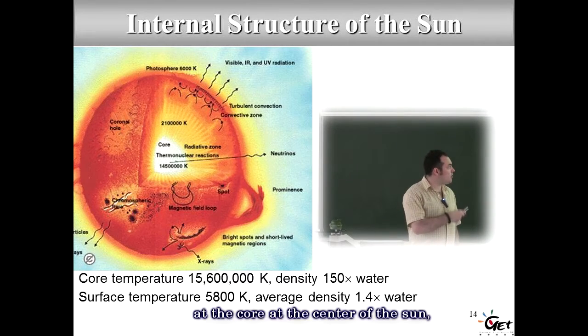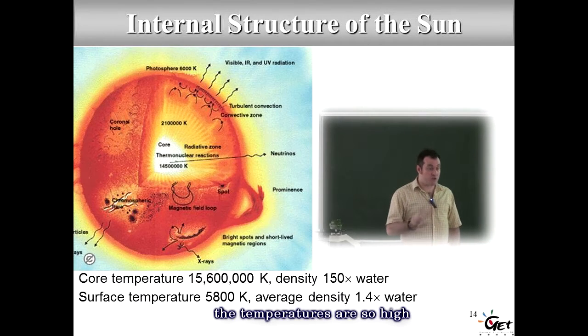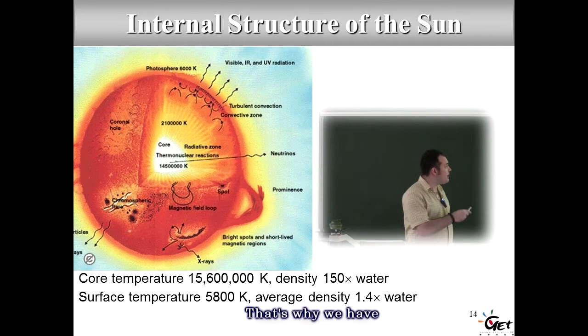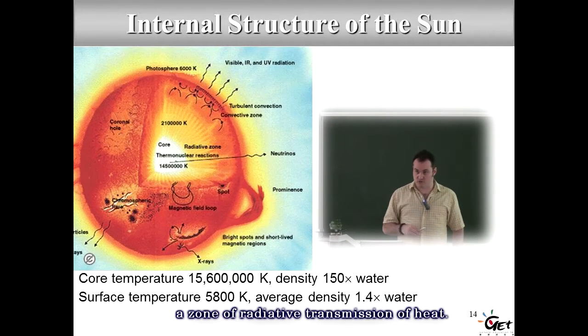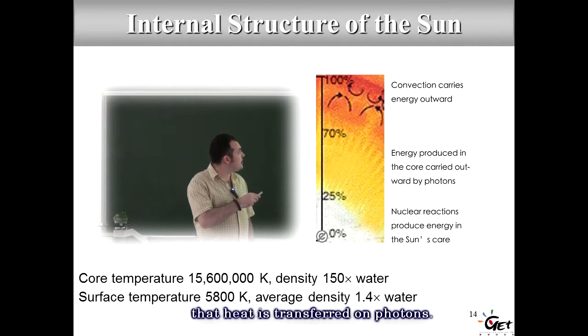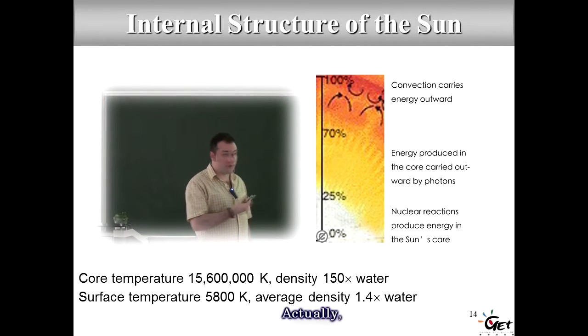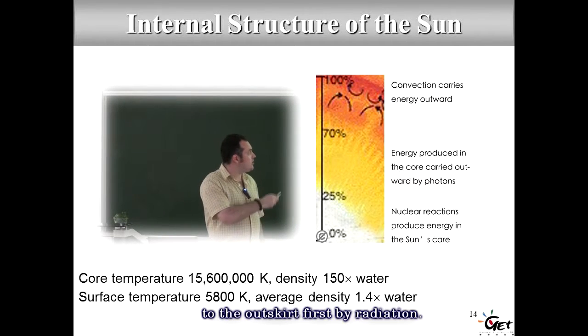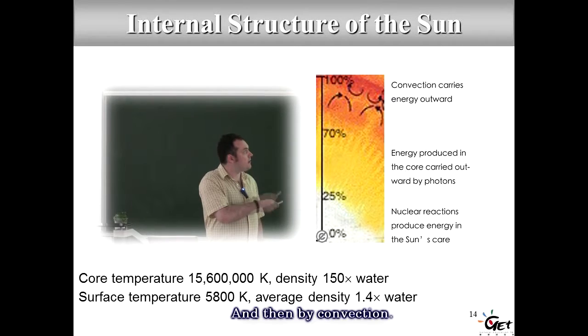But here, at the center of the sun, the temperature is so high that convection is very inefficient. That's why we have a zone of radiative transmission of the heat. So it starts with radiation, where the heat is transferred by photons. Actually, the light is transferred from the center to the outskirts, first by radiation and then by convection.